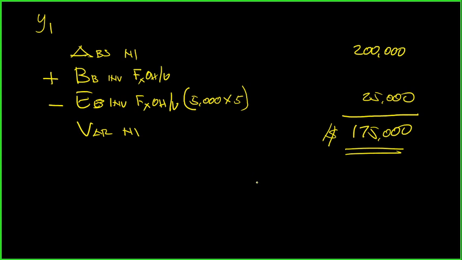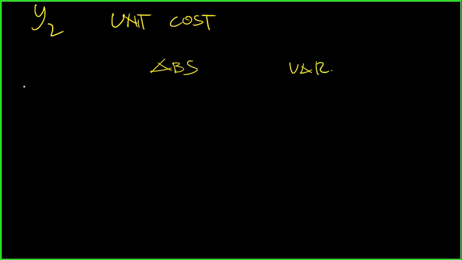Okay, let's go to your unit cost. Year 2. What is our unit cost? Wala na, pangit na ng sulat. Under absorption costing and variable costing, you still have the direct materials, dirty man, dirty lady, and the variable manufacturing overhead. So you have 10 and you have 10.